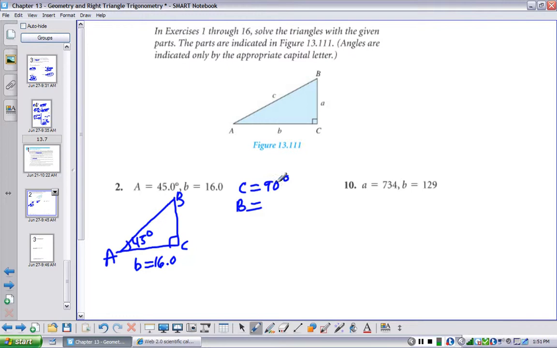So you have 180 minus 90 minus 45. B is 45 degrees as well, which we already knew from the last section, that you have a 45, 45, 90 degree triangle. So we know side b. We need to find side c and side a.